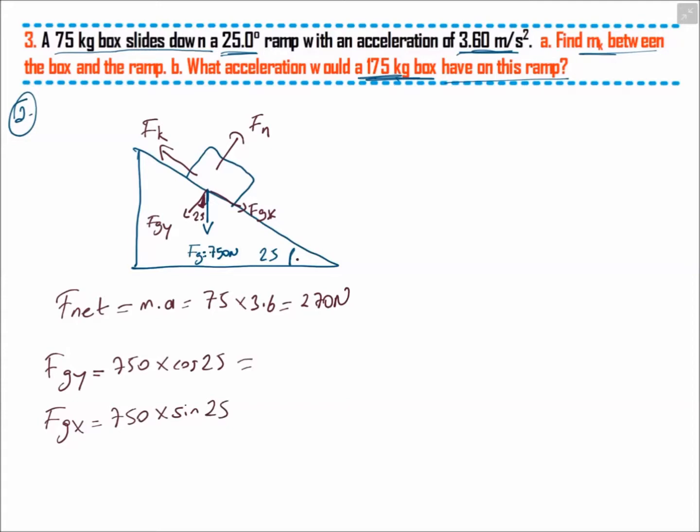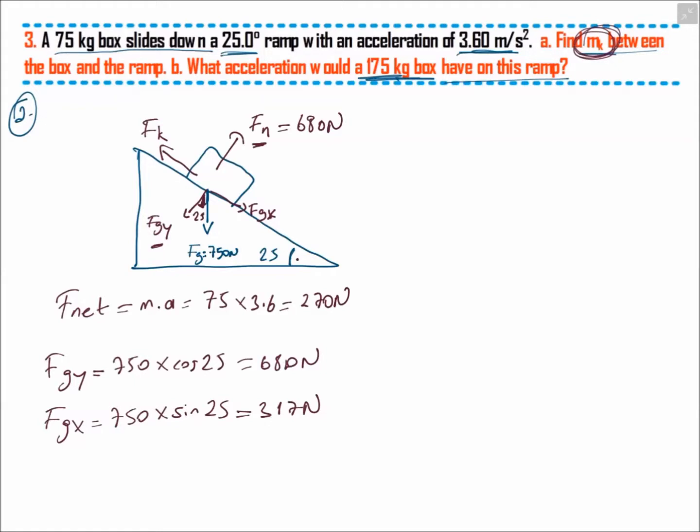Fgy will be 680 Newton. Fgx will be 317 Newton. And here Fgy equals Fn, directly we can say, so the value of Fn will be 680 Newton. And the question says find the mu k.